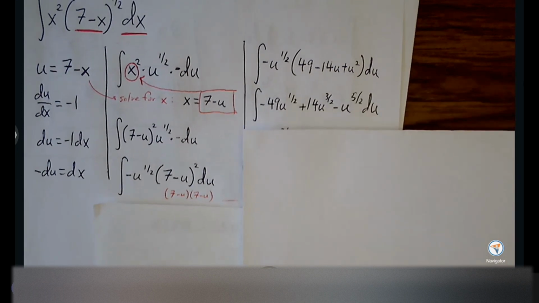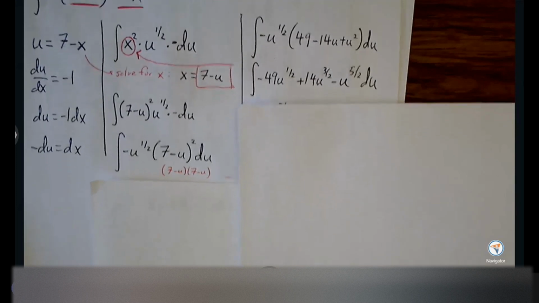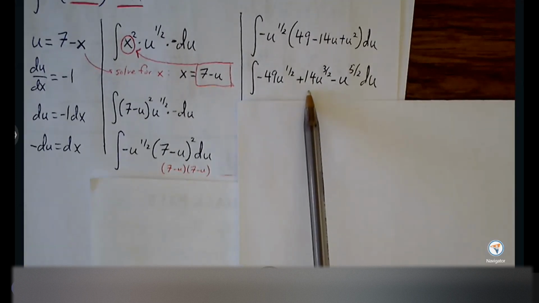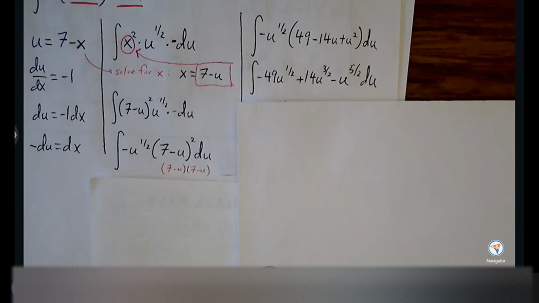Okay. All this work, and now we're finally ready for power rule. Okay, add 1 to each of those exponents, bring down those complex fractions, bring them up, resolve it.